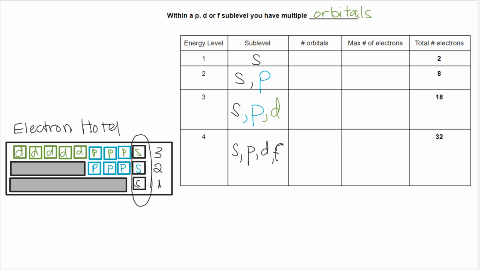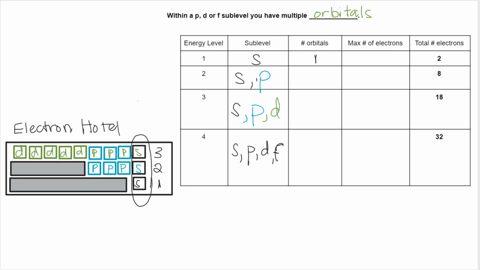And that is the actual case when we're talking about organizing electrons. We can only ever have one S-type sublevel. And so in energy level 1, because we can only have S-type sublevels, and we can only have one S-type sublevel, we can only have one orbital. Okay.